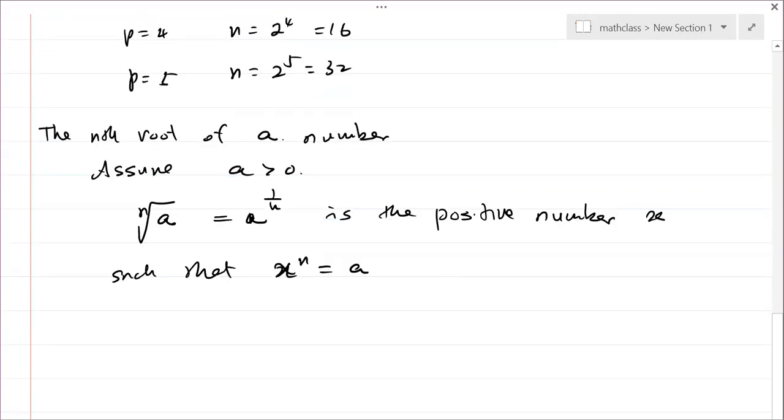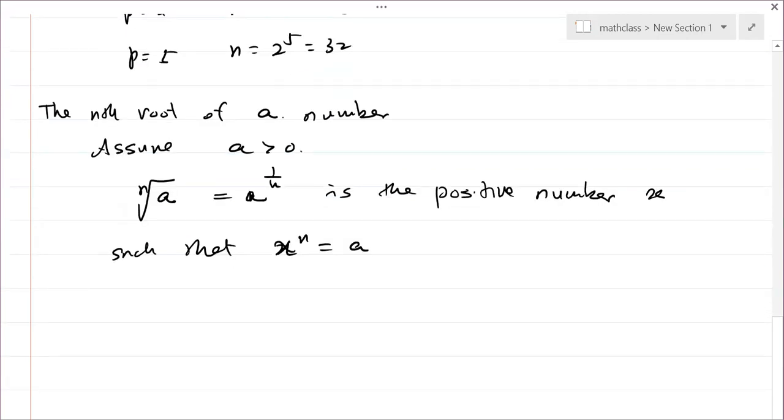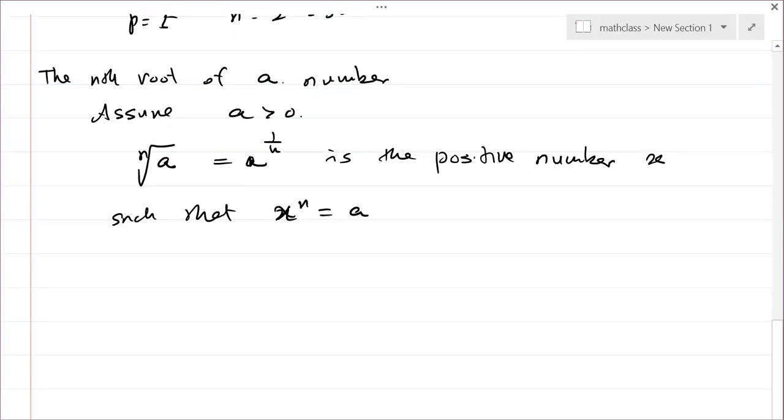There's only one number satisfying this, and that number is denoted by the nth root of a. Usually it's not a rational number in general. So what is square root 2? This is the second root of 2.